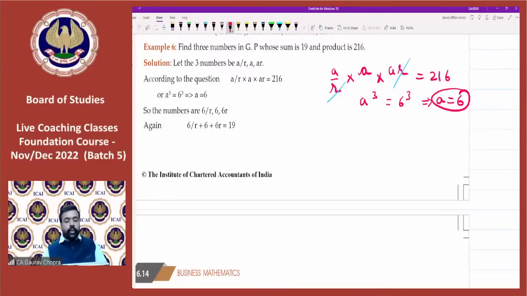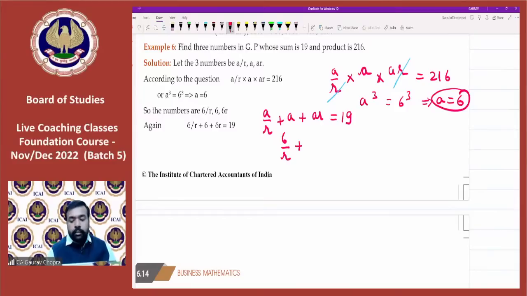Then what do we have to calculate now? The question says sum is 19. So sum is 19, that means A upon R plus A plus AR is equal to 19. And in place of A, we can write 6. So 6 by R plus 6 plus 6R is equal to 19.